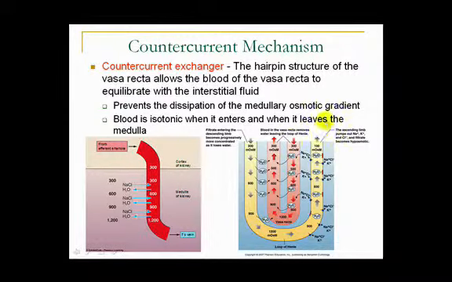So you have this countercurrent system, so that blood leaving is also 300 milliosmoles, the same as when it came in. And then this exchange here with the countercurrent multiplier, it's just creating this osmotic gradient where you have it going from 600 to 1200 milliosmoles.